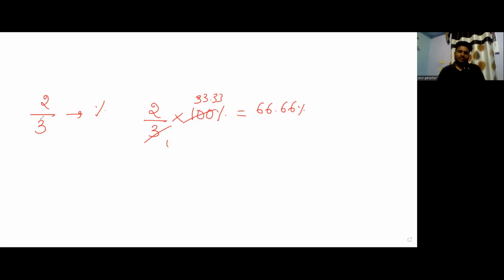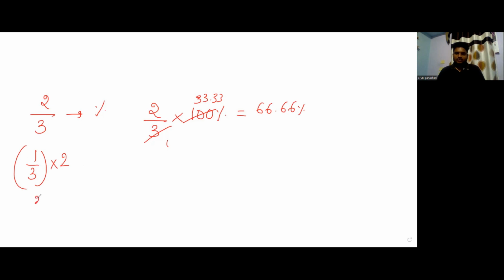So in that case, we know the value of 1 by 3 from the table. So I can write 2 by 3 as 1 by 3 into 2. I want you to imagine these steps mentally; you will not do it on paper. 2 by 3 can be written as 1 by 3 into 2.